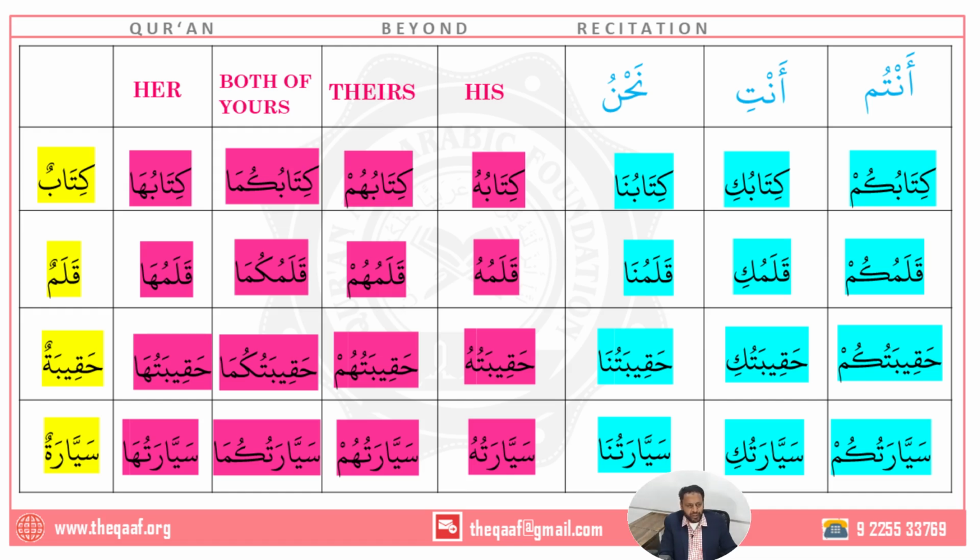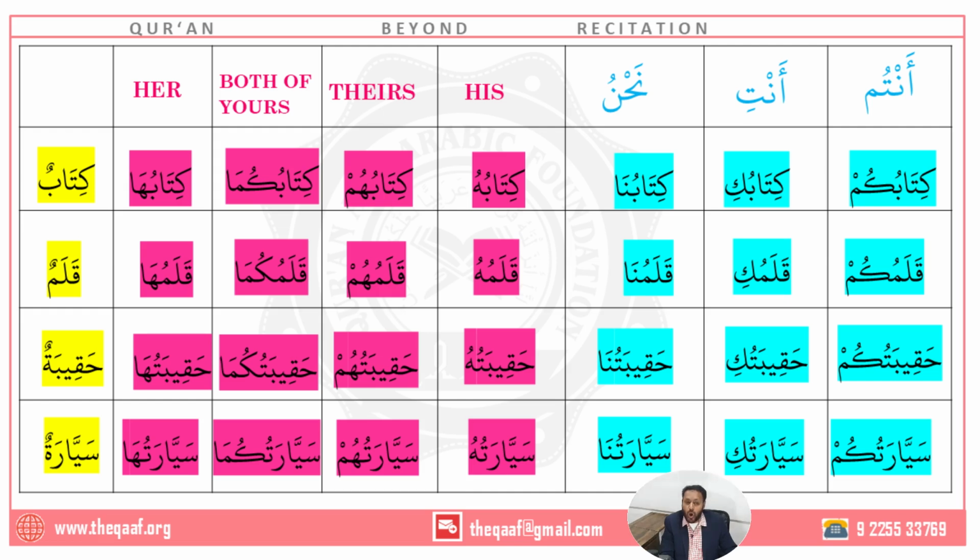Okay, let's use another word. Hakibatun means purse or wallet. Her purse. Remember that when we attach a pronoun, it becomes idafa, and hakibatun should change to hakibatu because it has to be light, to act as mudaf.